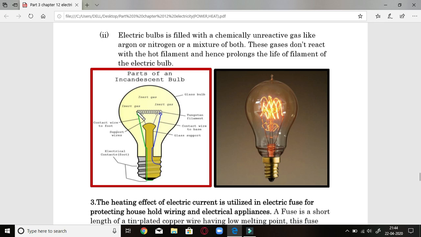It is a highly coiled and thin wire present here. Now inside the bulb is present an inert gas which is made up of argon as well as nitrogen. So argon and nitrogen are filled inside the bulb. That is another important feature about it. Now when the bulb glows, it glows only because of this high resistance wire, that is the tungsten filament inside it.